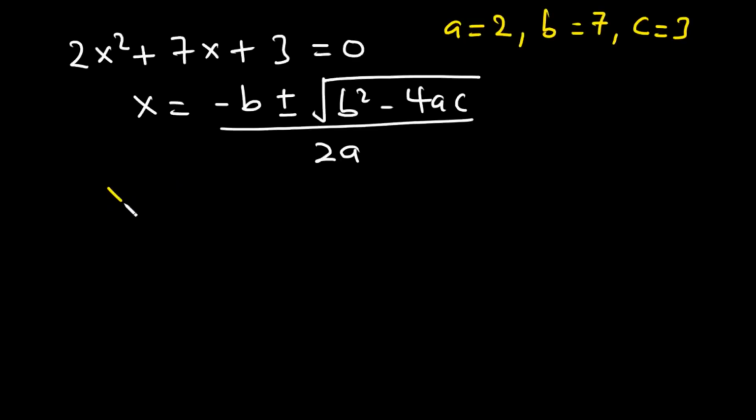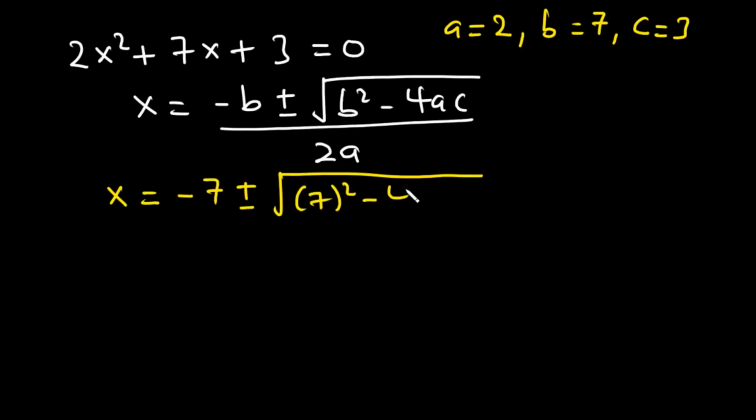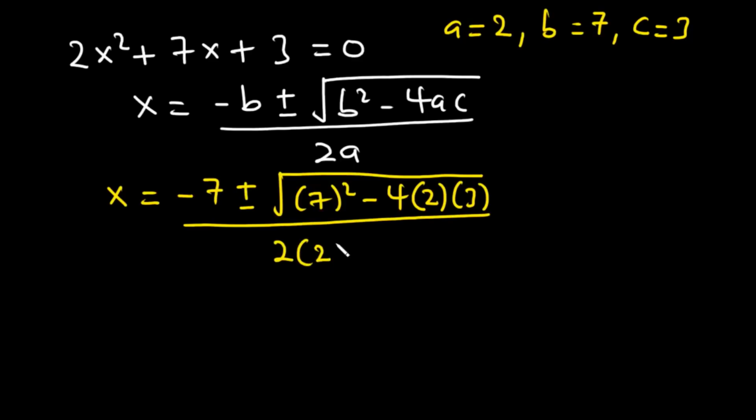So it's going to be x is equal to negative 7 plus or minus the square root of 7 squared minus 4 into brackets. A is 2 and then c is 3, divided by 2 into bracket 2.